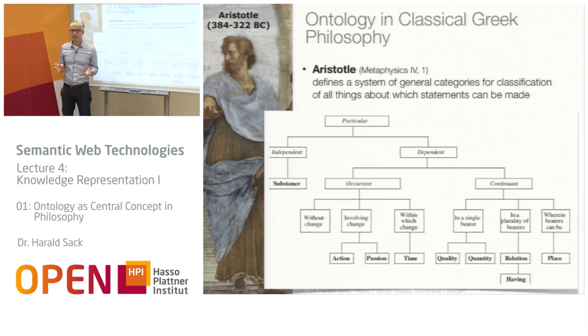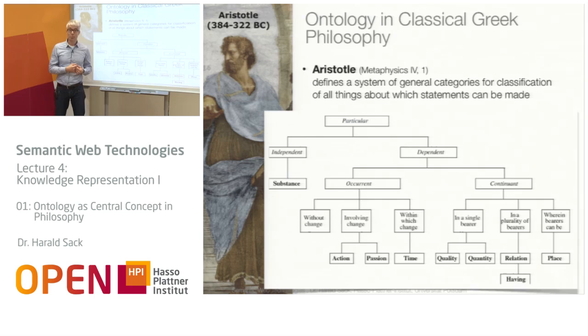So what he did is he defined a system of general categories for classification of all things about which statements can be made. So he designed something that comes quite close to an ontology in the sense of computer science, which tries to explain the world, to put a general system of categories and questions how the world can be structured.